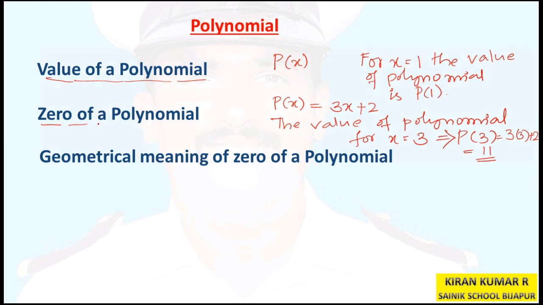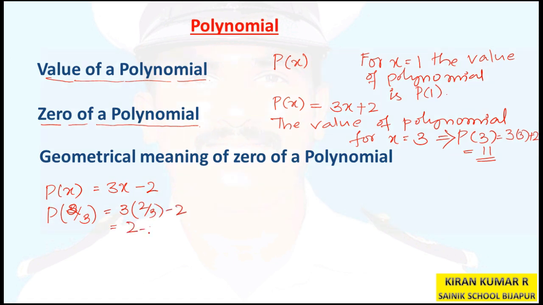Recall zero of a polynomial. Suppose the polynomial say p of x is given by 3x minus 2. The value of this polynomial for 2 by 3 will be 3 times of 2 by 3 minus 2.